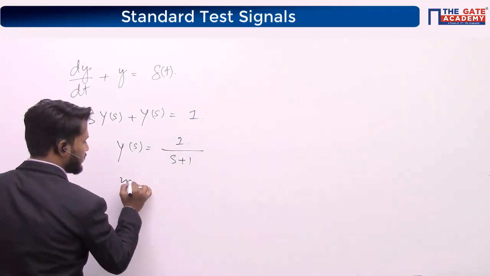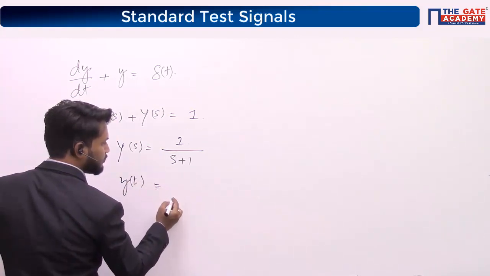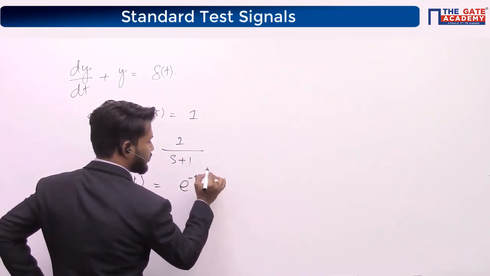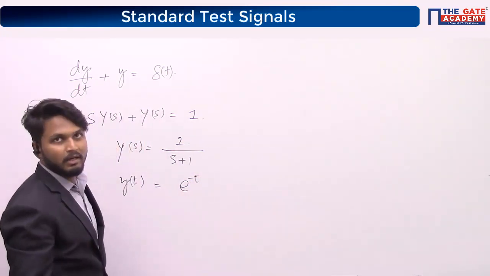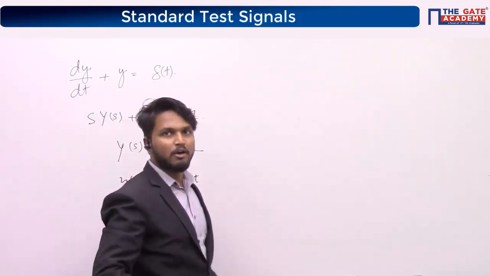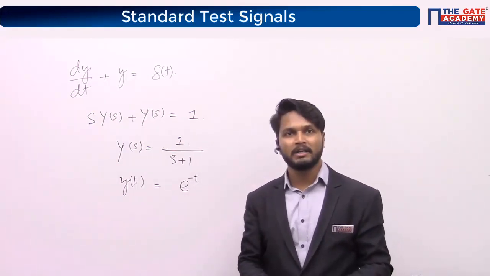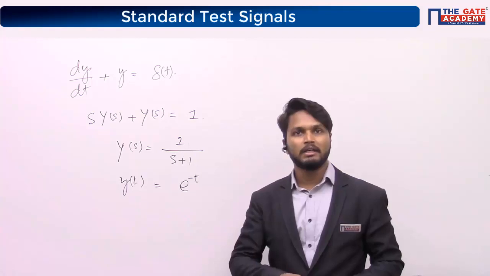Therefore, what is y of t? Y of t is equal to the inverse Laplace of this, e power minus t, right? So is there anything wrong in this? Why is it not e power minus t? Is there anything wrong?